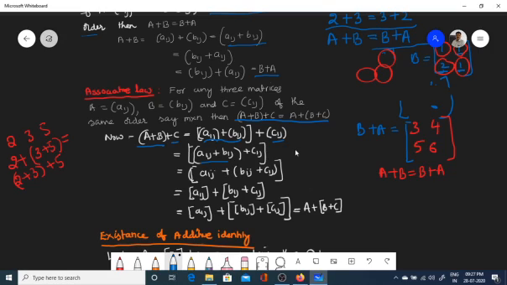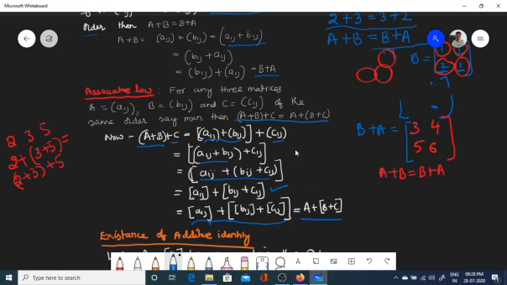So the addition of the three numbers is associative here, so that we know. Therefore, we can write this as Aij plus (Bij plus Cij). So therefore we can show that (A plus B) plus C equals A plus (B plus C). So we can take any three examples.